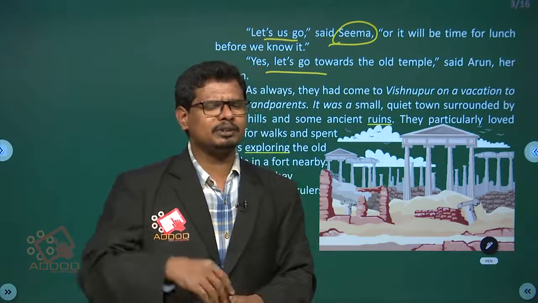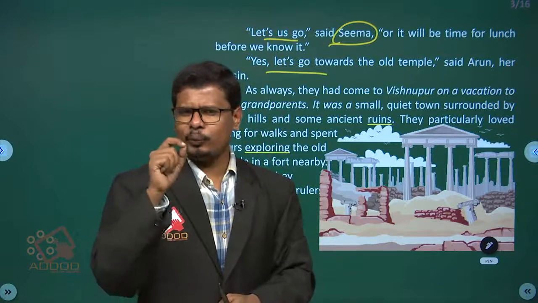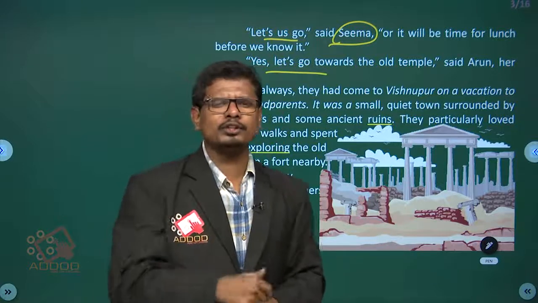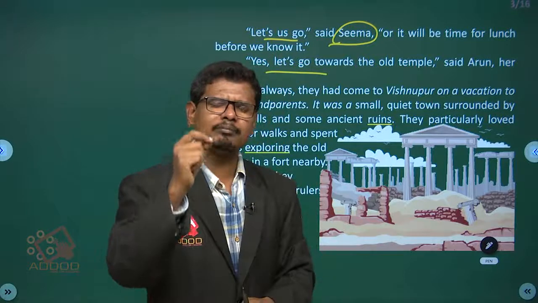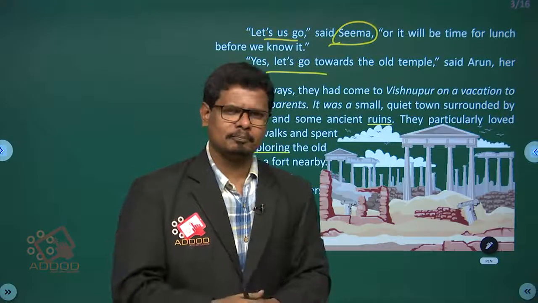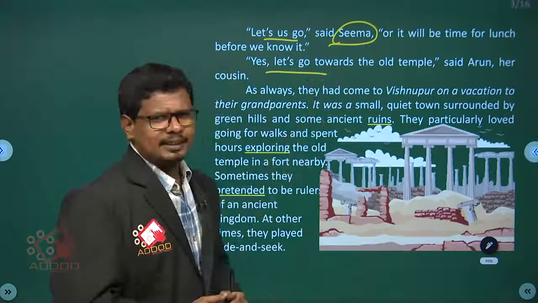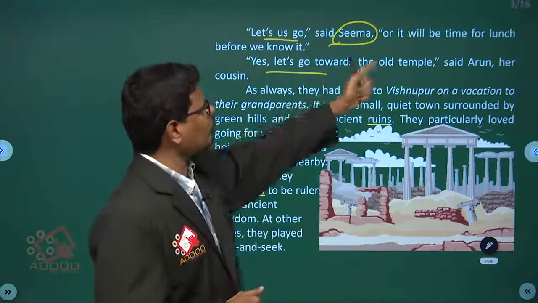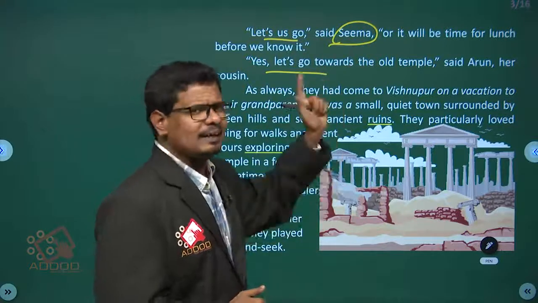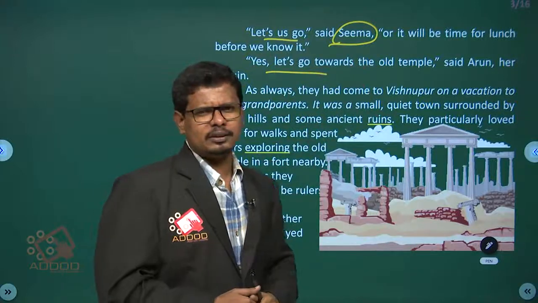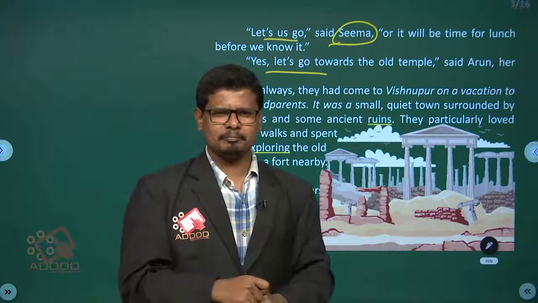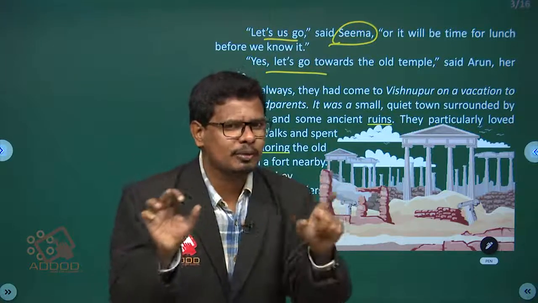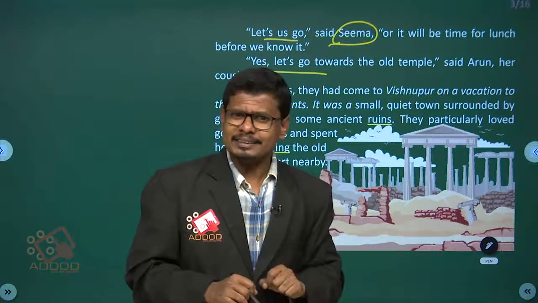And sometimes purposely we take a ticket to move to the tourist spot and try to know a little about it. At that place where Seema and Arun were, there is an old temple, and they would like to know a little about the old temple, right?